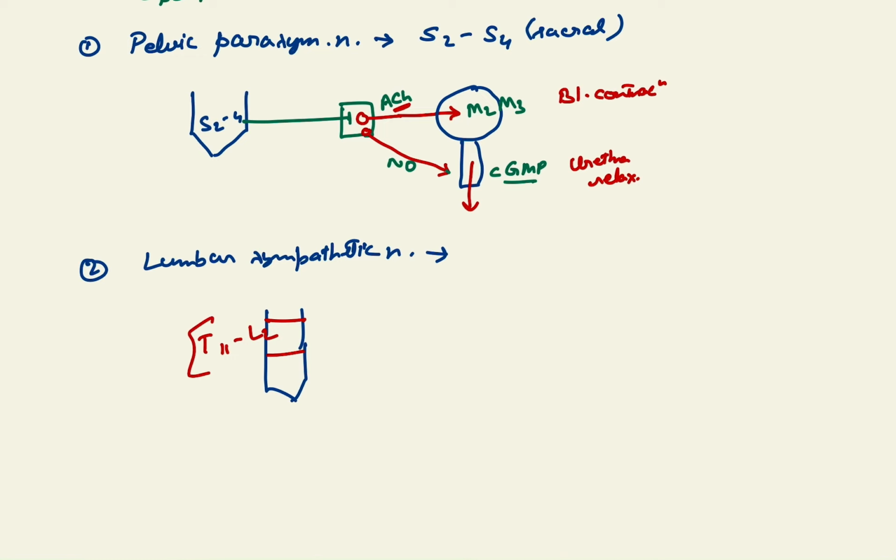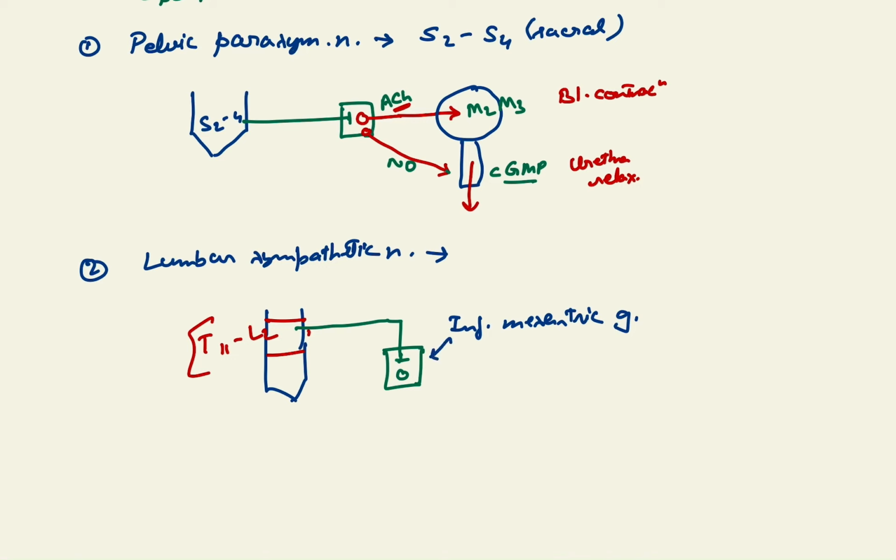This is the root value for that. These nerves get relayed into a ganglion, and this ganglion is named the inferior mesenteric ganglion.